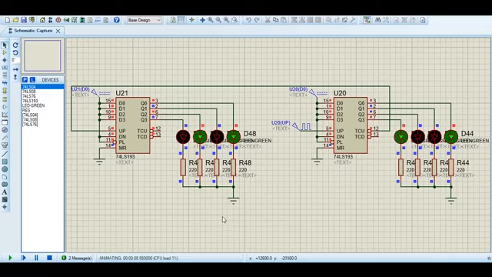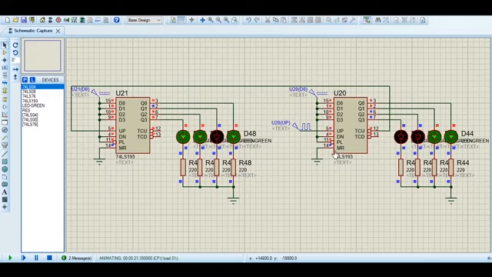Here we can see that the parallel load inputs for each chip have an input of 1, but these inputs have no significant effect to the counter, since their load inputs here and here are attached to a 1 input, which means that the parallel load is not triggered.